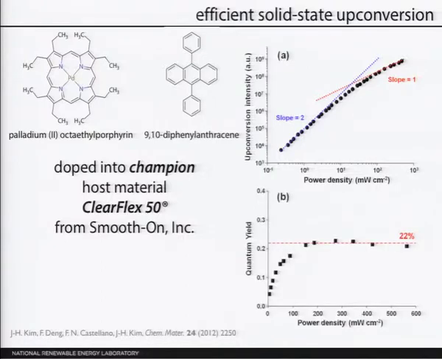And they were able to estimate the quantum yield for that process to be around 22%. So not quite as impressive as the 60% that was demonstrated at the University of Sydney, but pretty impressive given that this is the dyes dispersed into a rubbery polymer.